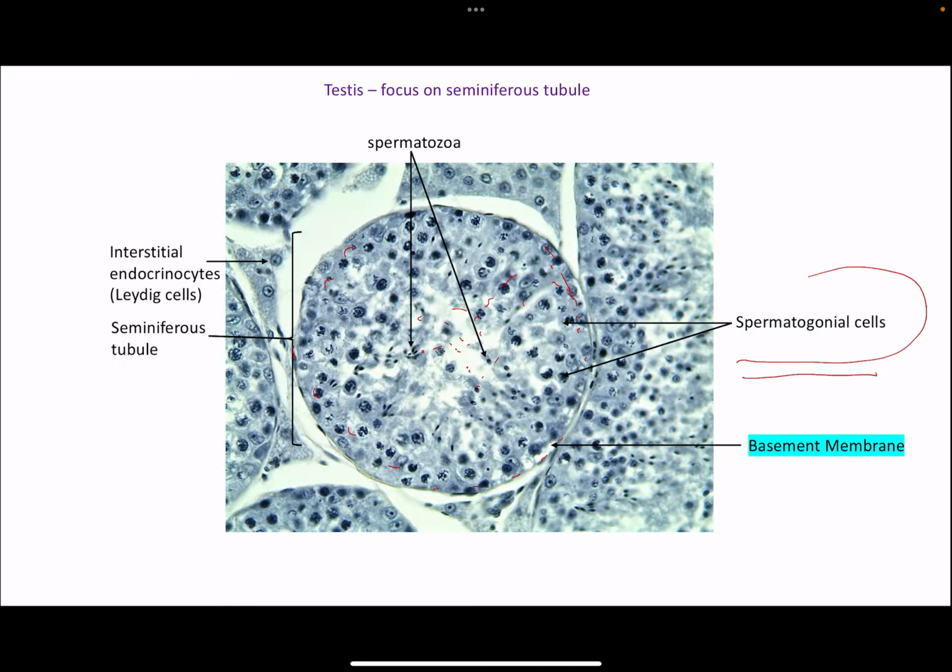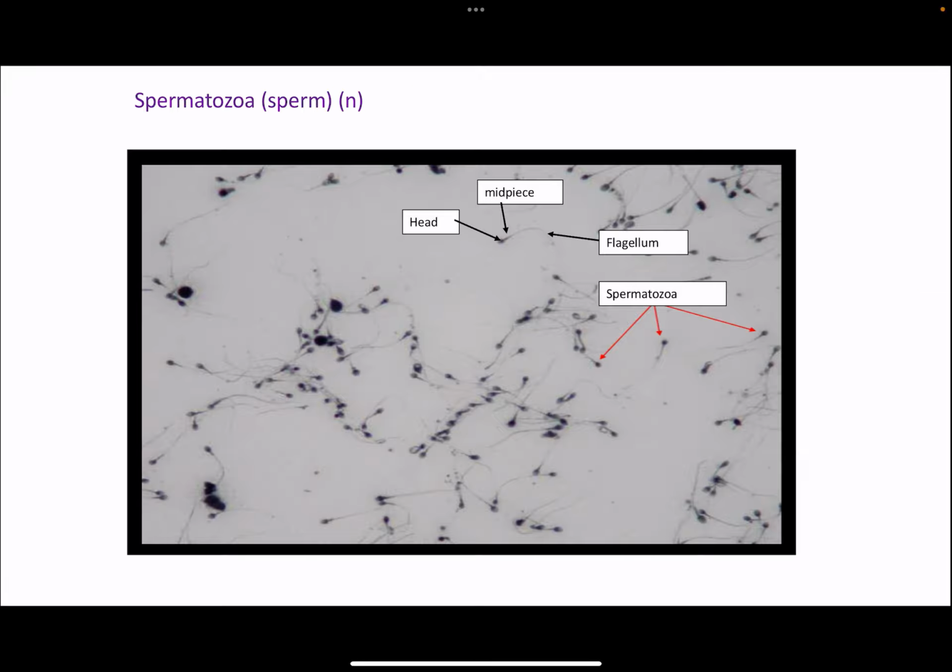Then as you come closer to the lumen, they become mature. So this one, spermatozoa, are the sperm cells in the lumen. You will be able to see the darker structure, the tail coming down. This is another one. A bunch of them you will be able to see on a slide.